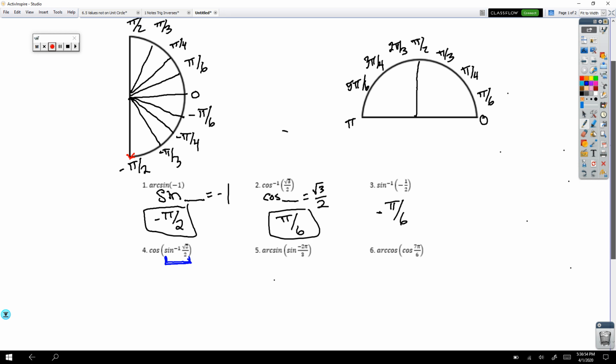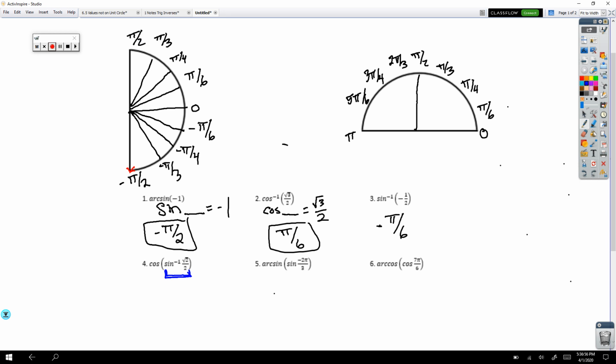So again, looking at the right half of my unit circle, that would give me pi over 4. So that takes care of the inside. Now, I just want to bring down whatever's on the outside. So I want to find the cosine of pi over 4, and that gives me the square root of 2 over 2 again.